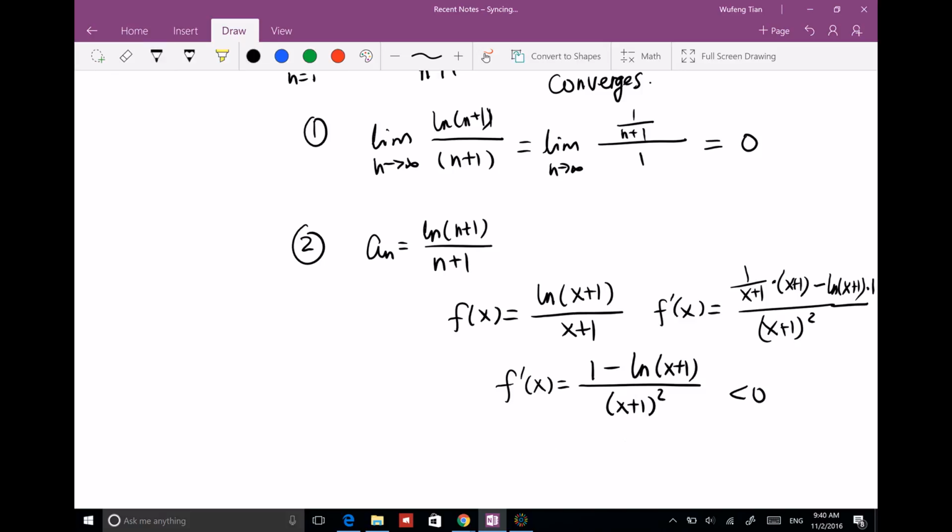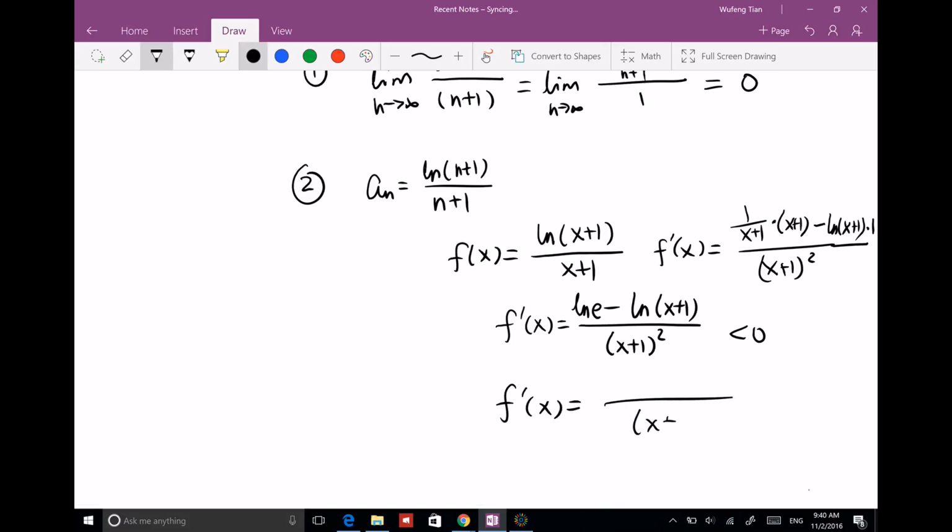How about I change the 1 into ln e? Because 1 is ln e, right? And how about I give you a little bit of help? f prime of x equals ... (x plus 1) squared. This is subtraction, so you can change that into... Okay, so this will be less than 0 when what happens?